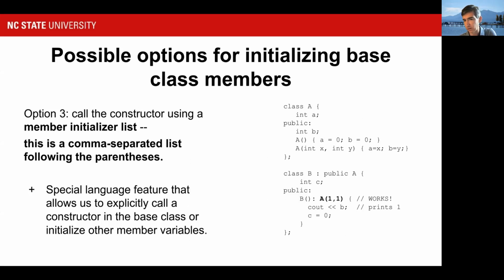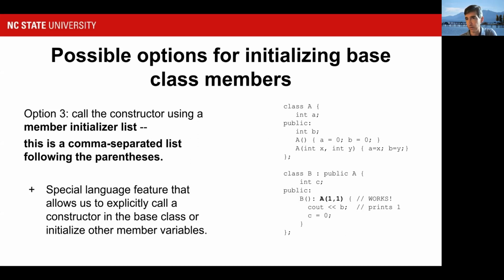In fact, we don't have to call this constructor. We could put any constructor from A we wanted here. We could put the default constructor, A, open paren, close paren. That would work too. A lot of times objects have multiple constructors and you just have to pick the one you want, right?